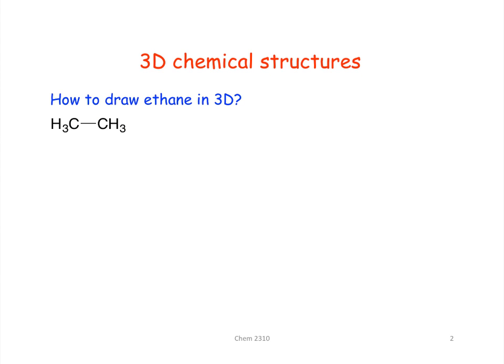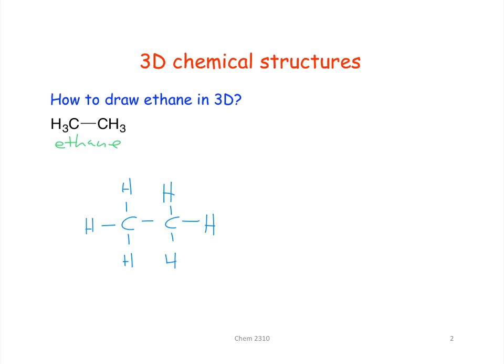So let's just start off by asking ourselves, if we take a molecule like ethane, this is the condensed structure of ethane, how would we draw this if we wanted to represent ethane in 3 dimensions? So far, all we've really done is look at ethane in the condensed structure, and we've also looked at ethane in this Kekulé structure, which shows all the different atoms.